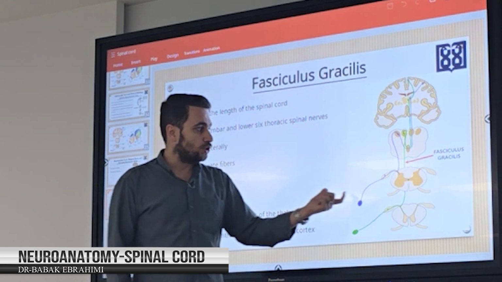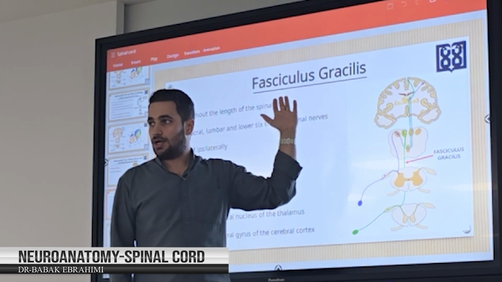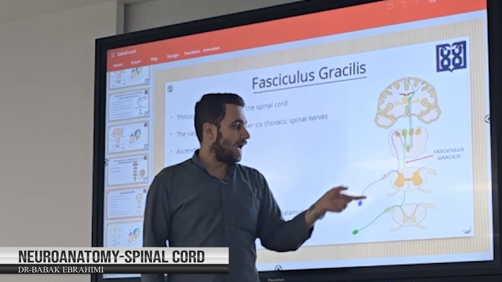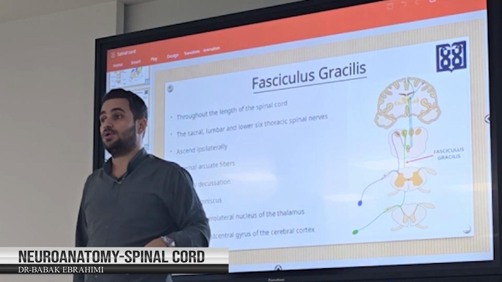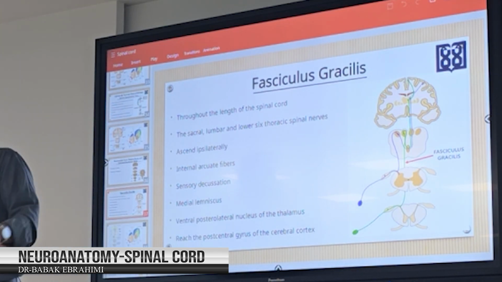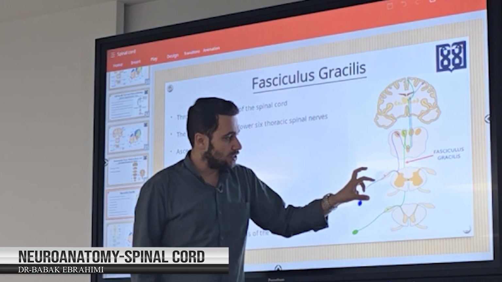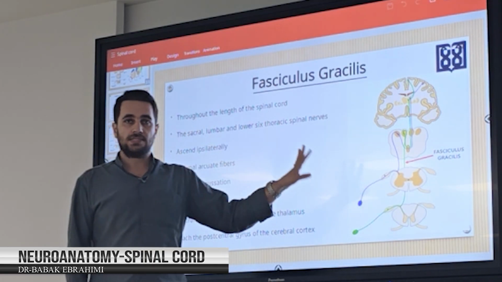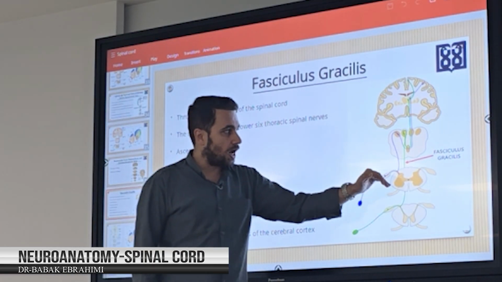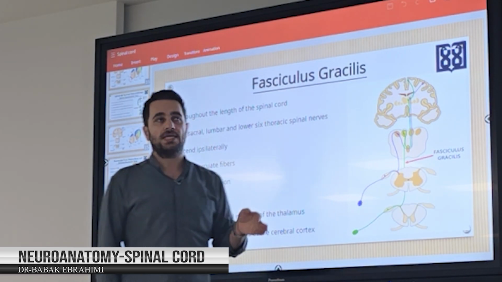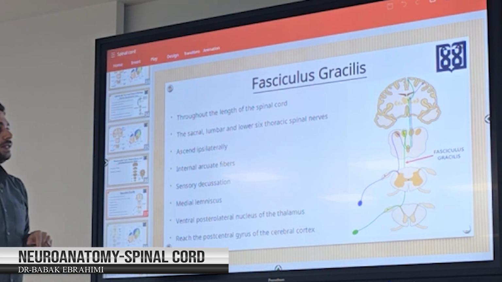The second order neuron in the gracilis and cuneatus is located at the medulla oblongata, and the second order neuron in anterior spinothalamic and lateral spinothalamic is located at the spinal cord, and the DRG are the same in previous ones and here. So the information goes to the medulla oblongata and goes to the cerebral cortex, the sense of upper limb and lower limb.